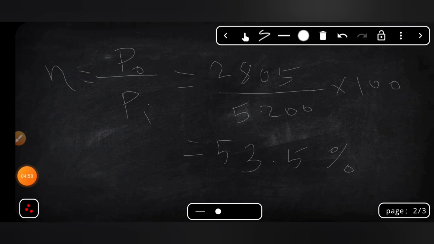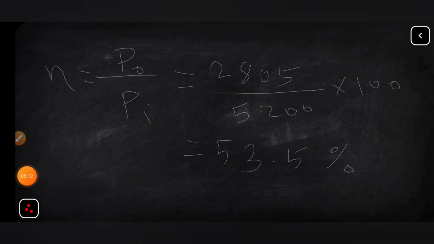Now we have said that efficiency is equal to output power divided by input power. So that equals, let me enter the data. Yes, and after putting the data and doing some calculations, we have found that the efficiency equals 53.5%.